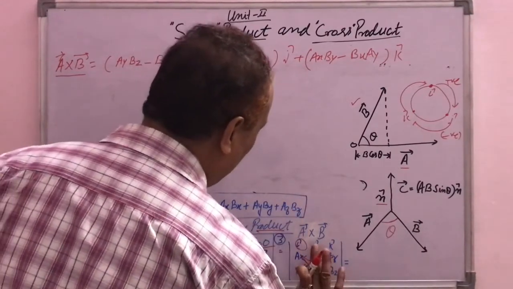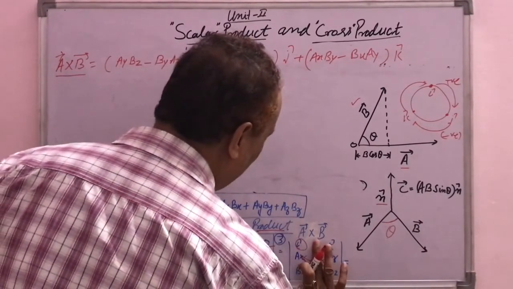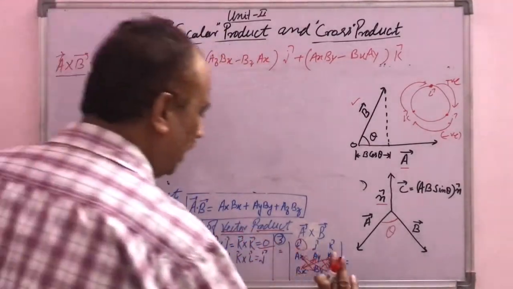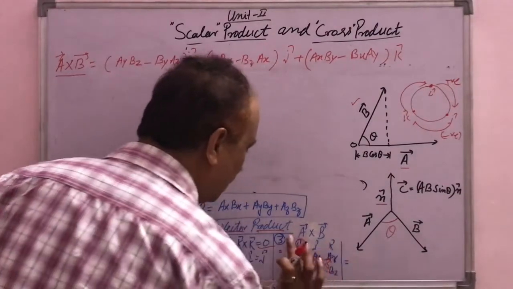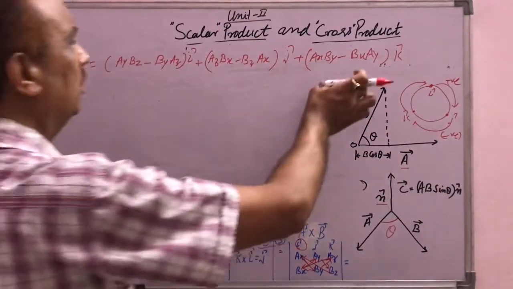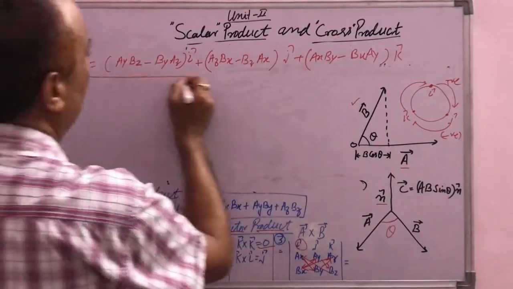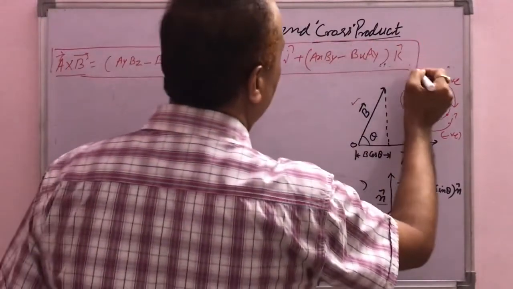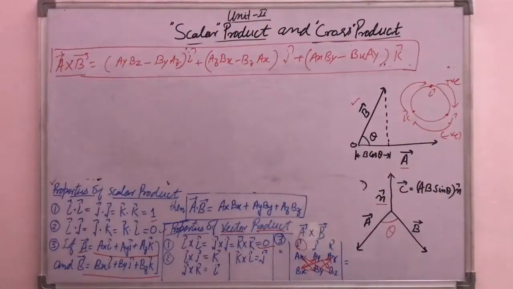Next, when we find the value of j, we hide the j column. After that, when we find the value of k, we hide the k column and find the multiplication of the given terms and write it in the bracket. So this is the answer for the given two vectors, and this formula is used to solve the numerical problems.